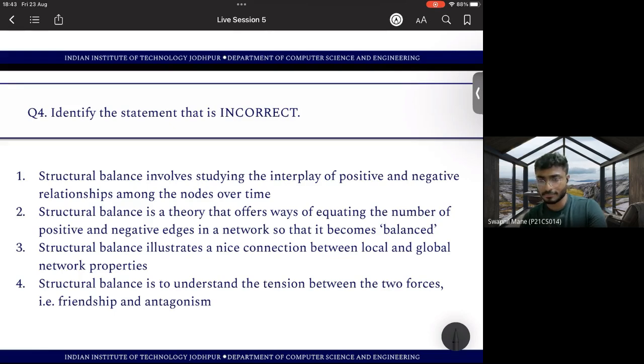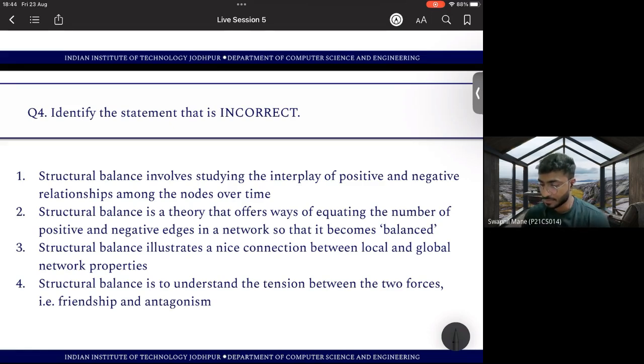This option is not saying how the unstable structure is converted to a stable structure. It gives one overall statement: we are playing with the positive and negative relationships, and over a period of time they are changing. So the first option seems correct.